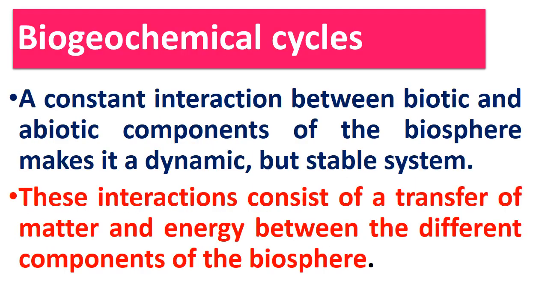Now moving ahead to our next topic, that is the biogeochemical cycle. What is this? A constant interaction between the biotic and abiotic components of the biosphere makes it a dynamic but stable system. These interactions consist of transfer of matter and energy between the different components of the biosphere.